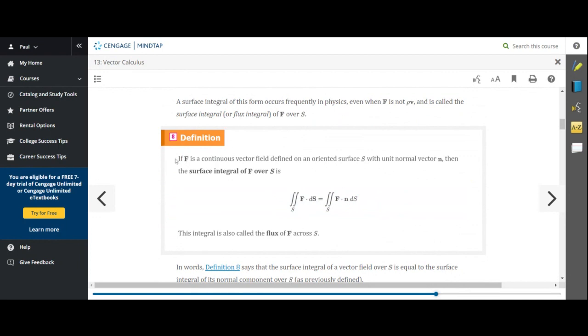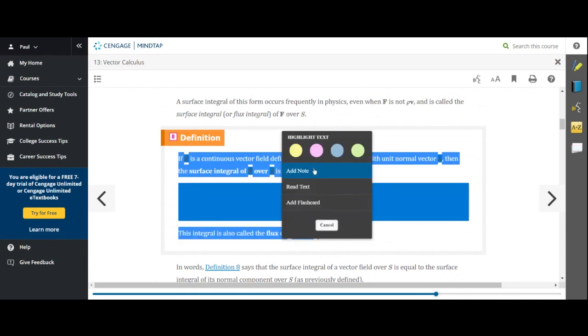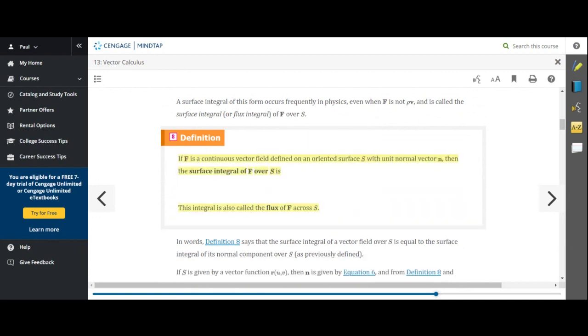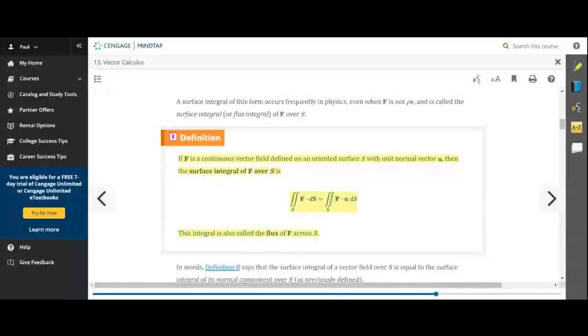Okay, so here it's a definition, but really it's true. We showed it. If you have a continuous vector field defined on an oriented surface with a unit normal vector n, the surface integral of the vector field over S is exactly that double integral.